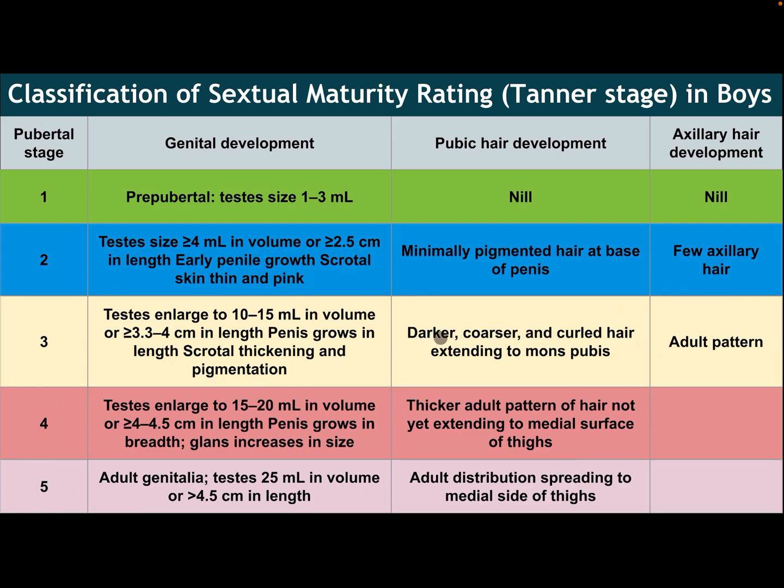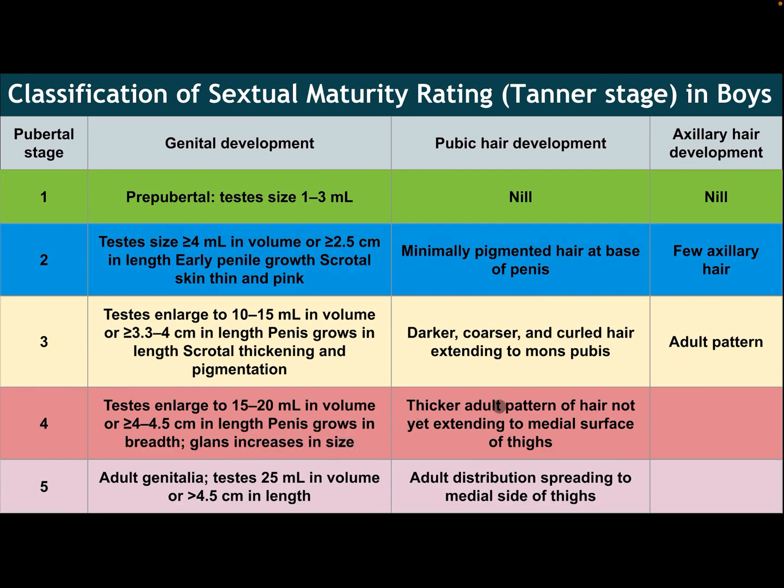Pubic hair, darker, coarser, and curled hair extending to mons pubis. Axillary, adult pattern. Stage 4, testis enlarged 15 to 20 ml in volume or 4 to 4.5 cm in length. Penis grows in breadth, glans increases in size.